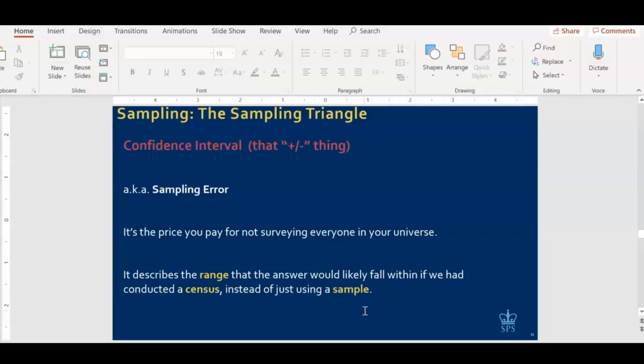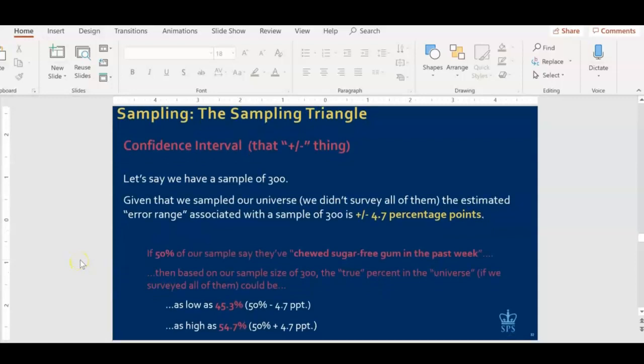The cost of that is billions and billions of dollars, which is why it's cost prohibitive to sample our universe for everyday research initiatives. So the confidence interval describes the range that the answers would have likely fallen in had we conducted a census instead of just using our sample.